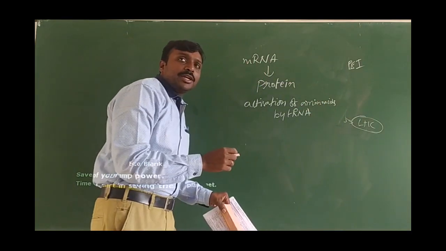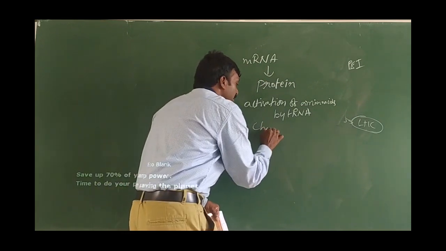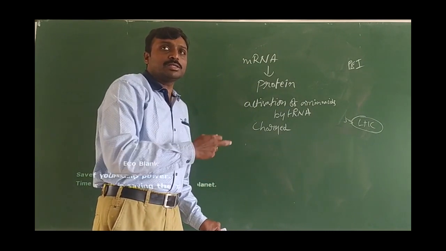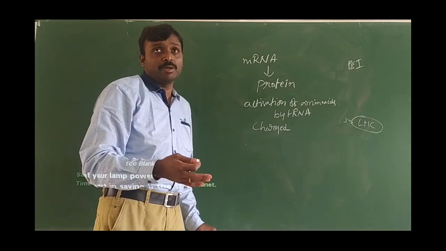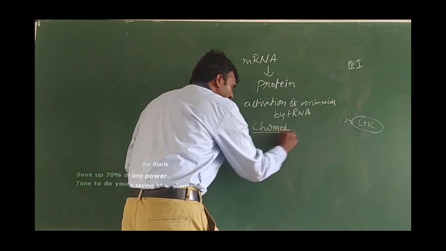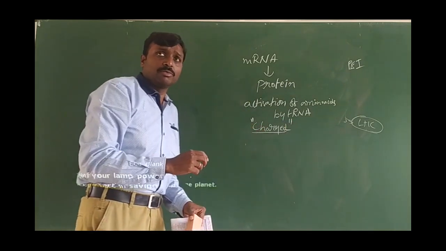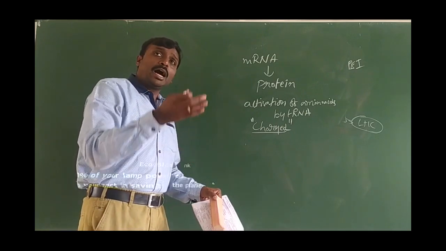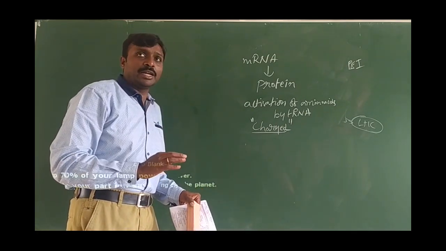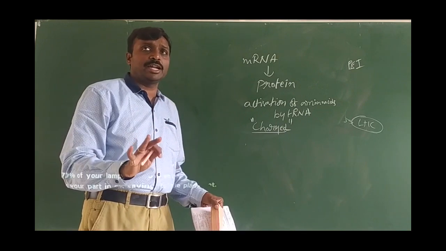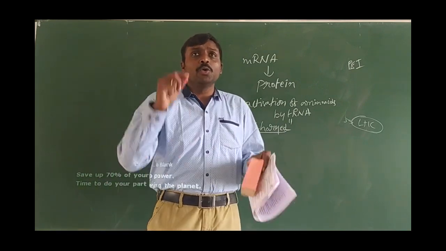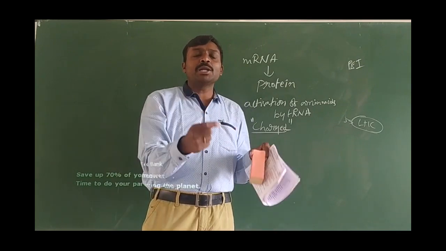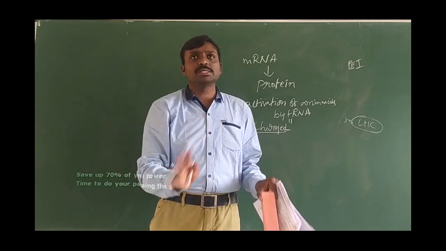So tRNA needs to be activated; it needs to be charged. That is the first step, amino acylation. Generally, we call this step activation of tRNA or charging of tRNA. So this is the first step, where tRNA needs to be activated to accept the amino acids from the cytoplasm of the cell.